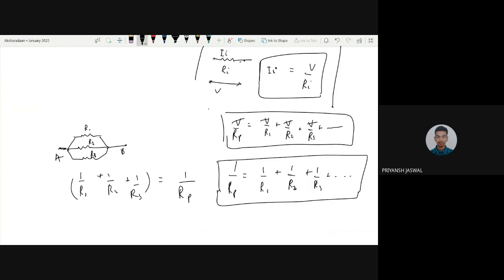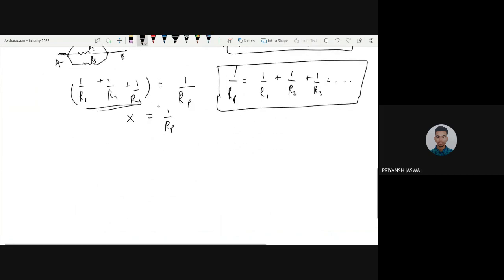So once we sum all these three terms, we again say it comes out to be X. So to find the net resistance, we have to again take reciprocal on both sides. So that it gives us RP.